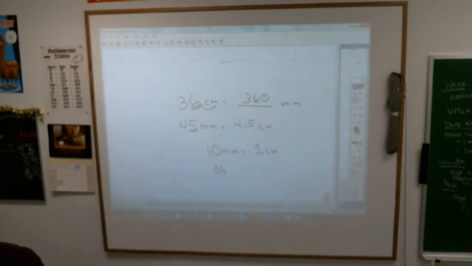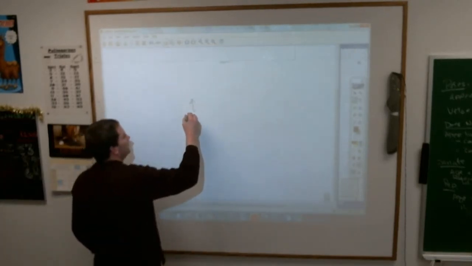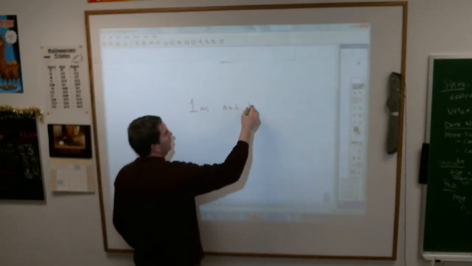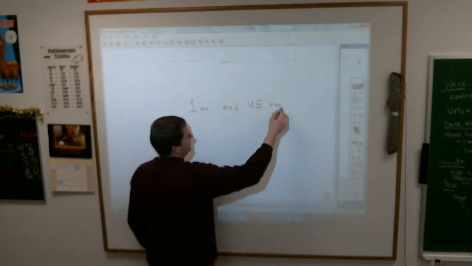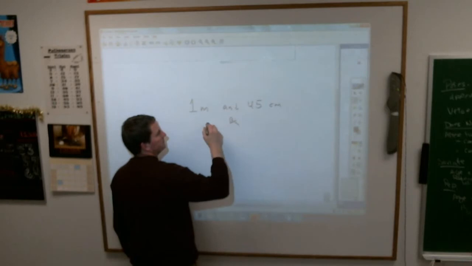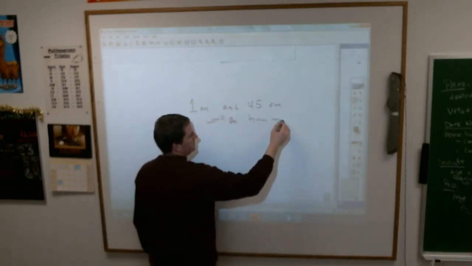How about another one? Oh, how about this? 1 meter. This is like a bonus question. 1 meter and 45 centimeters would be how many centimeters?